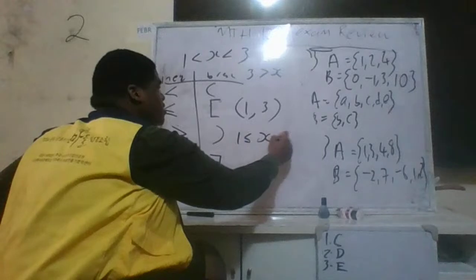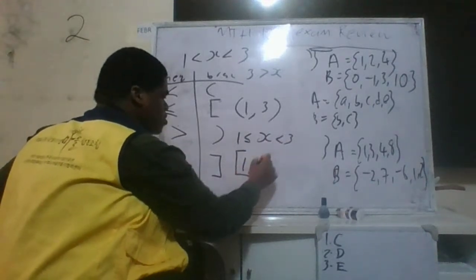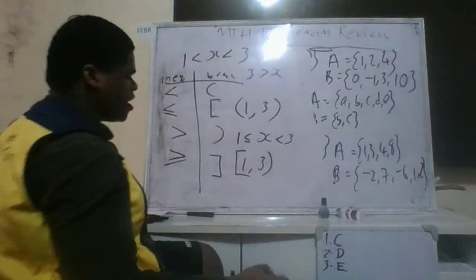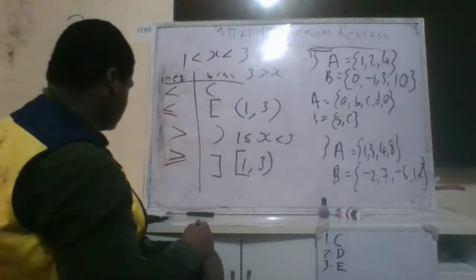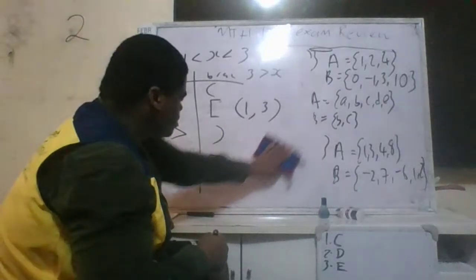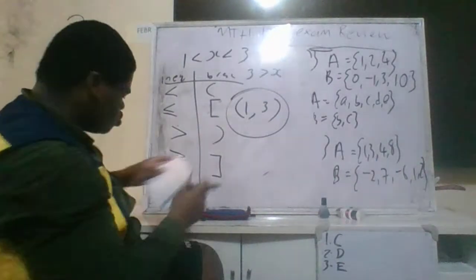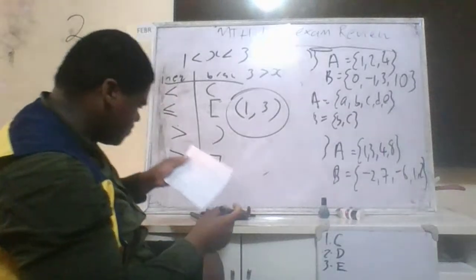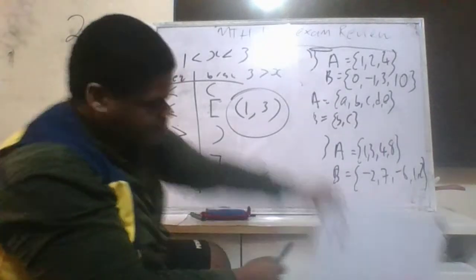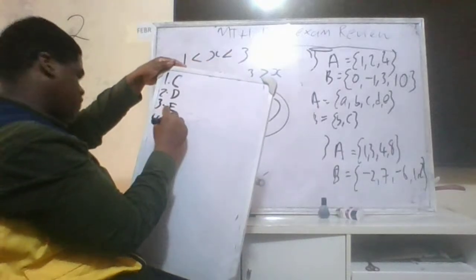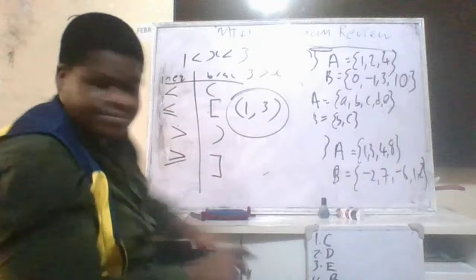Then what you would write is square bracket 1, comma 3 circle bracket. But since 1 is strictly less than x, strictly less than 3, we have only this one. And that corresponds to option B, 1 to 3, where 1 and 3 are not included. Question 4, option B.